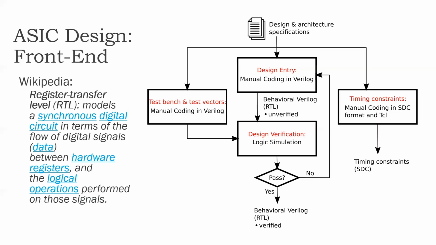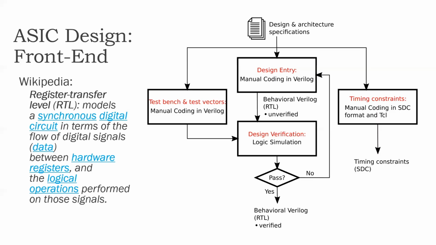Registers are defined in the behavioral code, and then the behavior of the combination logic is coded, and the way that the behavioral code looks, it has data flowing from register to register, and therefore we call this behavioral code RTL, or register transfer level. So this is a very widely used term. And so at the end of the design entry step, you have some RTL, or behavioral Verilog.